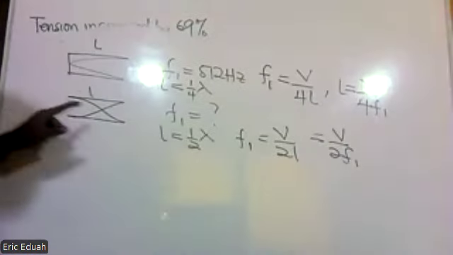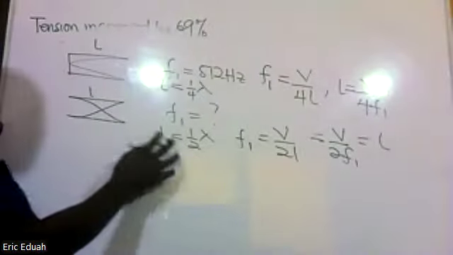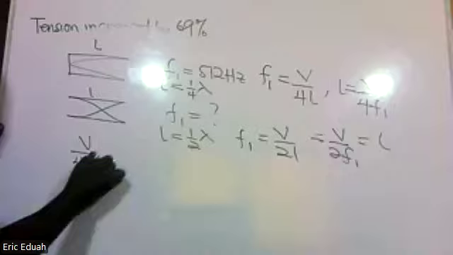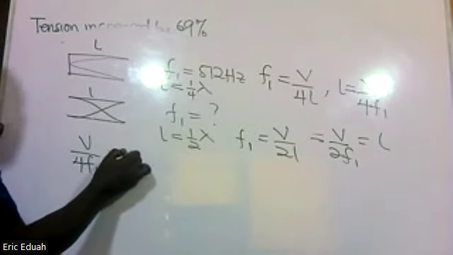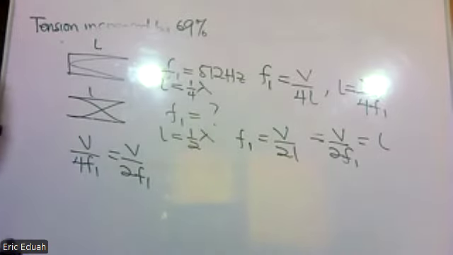Because the lengths are the same, we can now equate them. So V on 4F1 is equal to V on 2F1. V is the same velocity of sound in air.